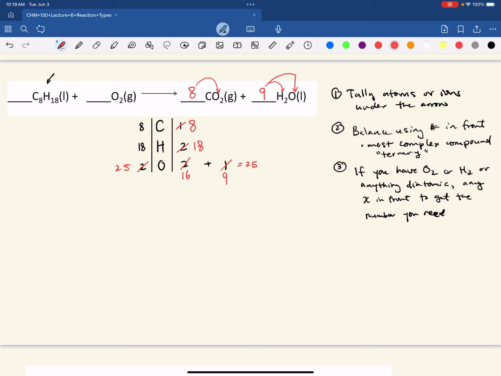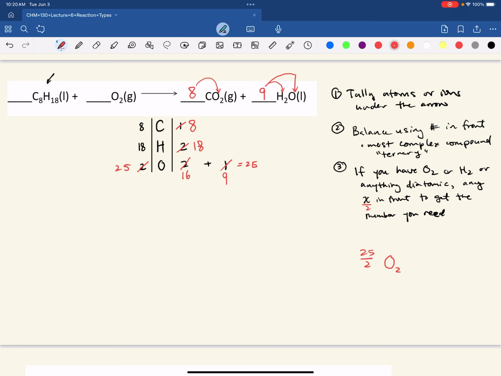If I write, there is really no whole number that I can write, okay? But here, if you look at rule number 3, if you have O2 or H2, anything diatomic, any X over 2 in front gets you to the number you need, right? So I'm going to write O2 here, okay? I can write 25 over 2, okay? So X over 2, right?